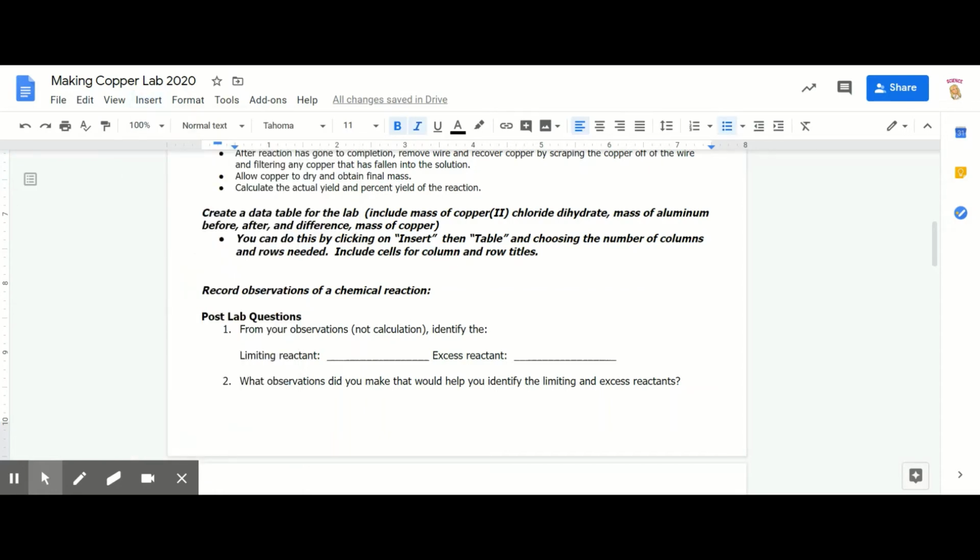You also need to include titles for the columns and the rows. The masses that must be recorded include the mass of the initial copper 2 chloride dihydrate, the mass of the aluminum wire before, after, and then you'll calculate the difference in mass after the reaction is done, and then the mass of the recovered copper.